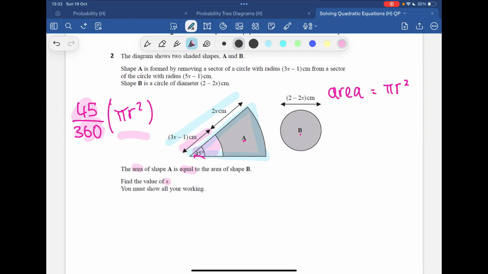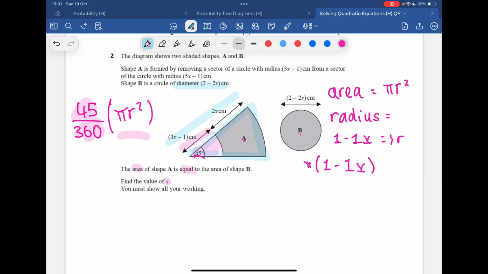Okay, so we can just start by working this through. So we know the diameter of shape B is 2 minus 2x. So therefore the radius is half the diameter. So that's going to be 1 minus 1x. And we know the area of this shape is pi times r squared, and that'll be our area.